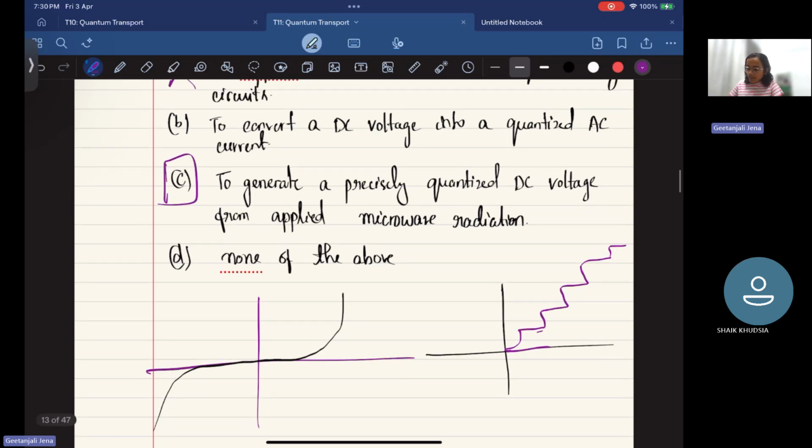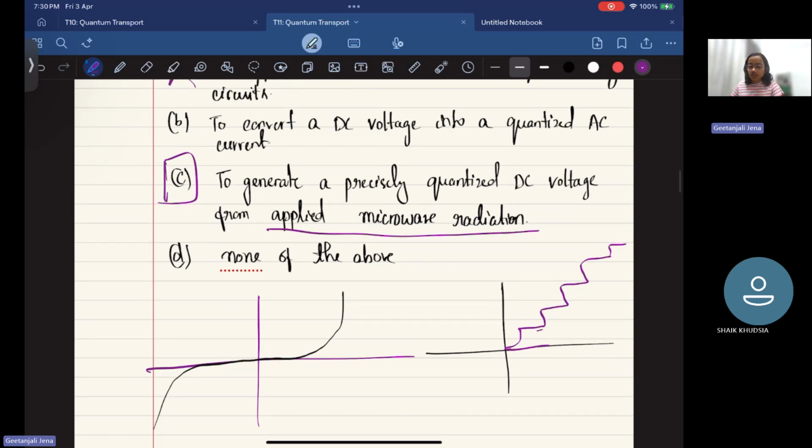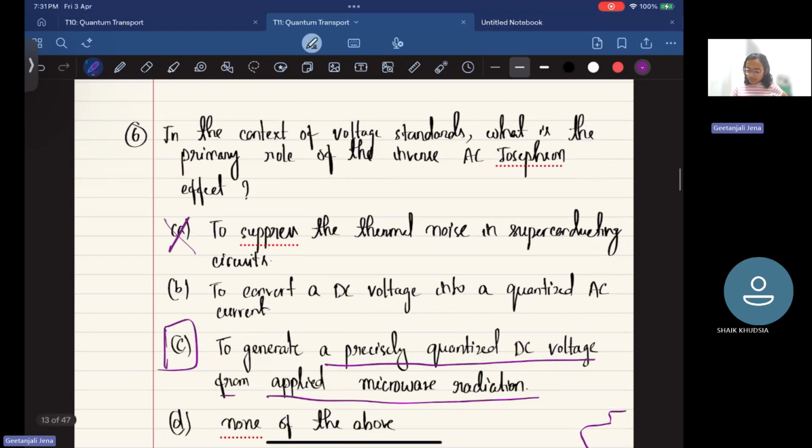So when we apply microwave radiation, that is, we are applying AC voltage, we see a precisely quantized DC voltage. Okay, option C.